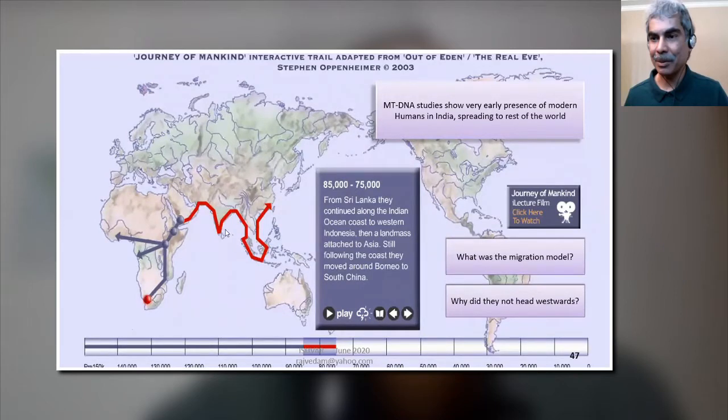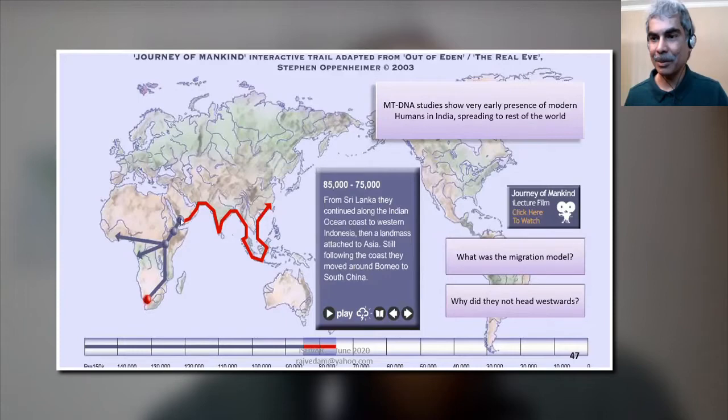However, this does not mean that this is the beginning of humans in India, because we have got artifacts today that show that humans were present in India even 350,000 years ago, even 180,000 years ago. So if one takes away the message that modern humans came only 85,000 years ago, that could be mistaken.